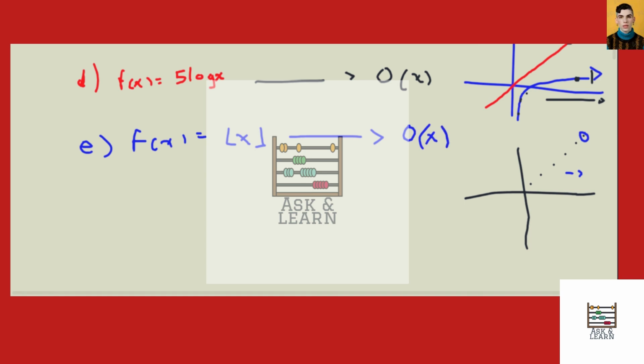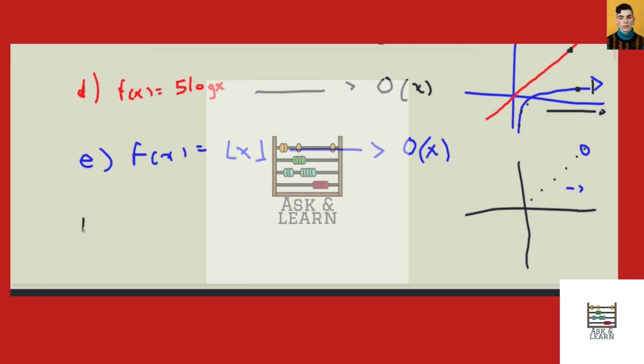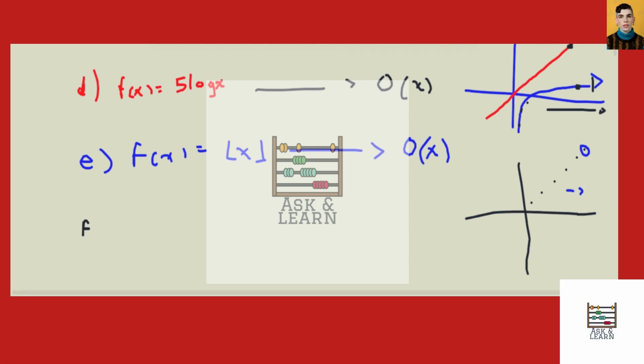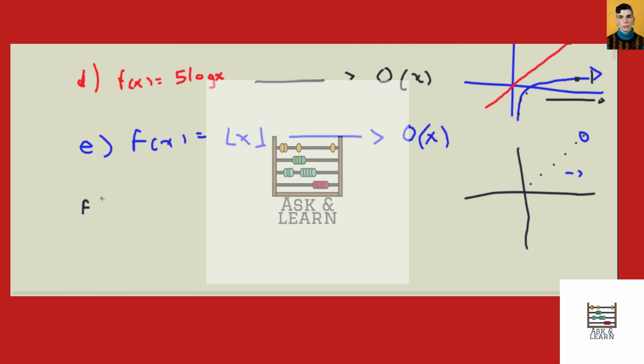And lastly is F. For F, f of x is again going to be a discrete function, and f of x in this case is going to be equaling floor of x over 2.